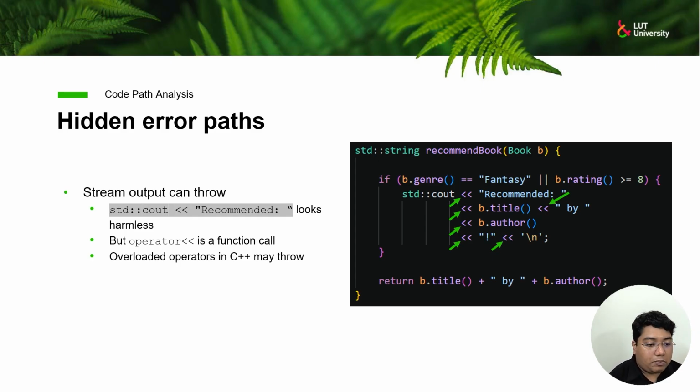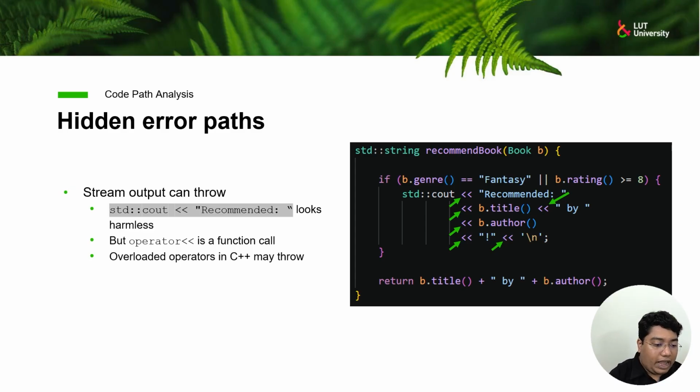Now let's look at something that surprises many people: printing to the console. We often write something like this. Most of us treat that as if it can never fail. But remember, that operator is just another function. In C++, operators are often overloaded.